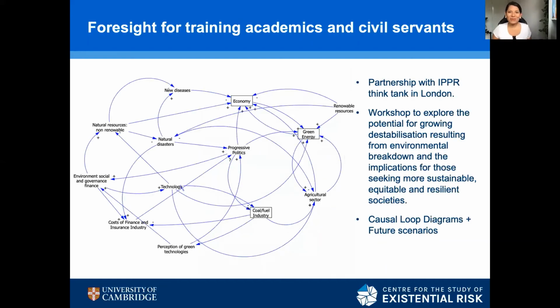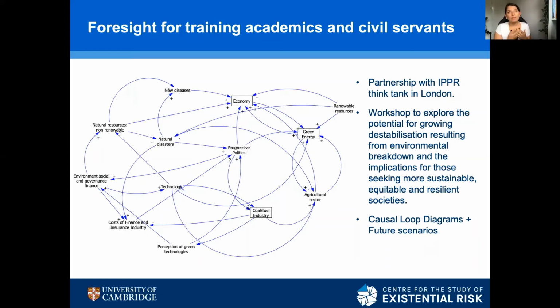And the second example that I want to talk about, because I know I don't have much time, is about how we can use Foresight for training academics and civil servants. In this case, we did a collaboration with IPPR, which is a think tank in London, and we decided to put together environmental breakdown and Foresight. We also had a workshop with participants from different parts of the world.